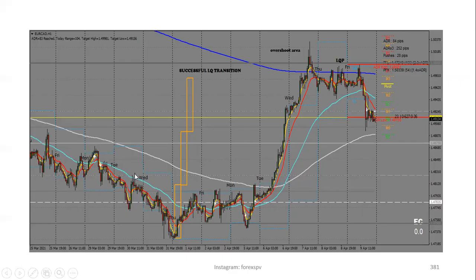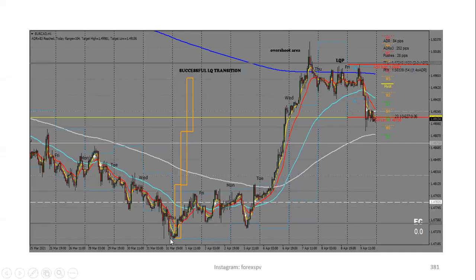For example, here we had a bearish move, and the undershoot area is 25 pips from this large quarter point. When price reversed here for the first time, it reversed around the undershoot area, 25 pips short. It came all the way back, through what we call the station zone, and then price went all the way back and broke this large quarter point.